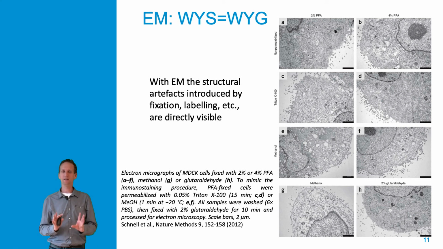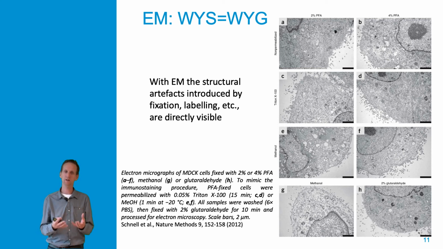You see that in the images shown here, where the left column of images shows samples fixed with 2% paraformaldehyde, and the right column shows a higher concentration of 4% of this fixative being used. And now in the rows you see the effects of the different permeabilizing agents that can be used. Methanol, Triton are all mentioned in the caption.